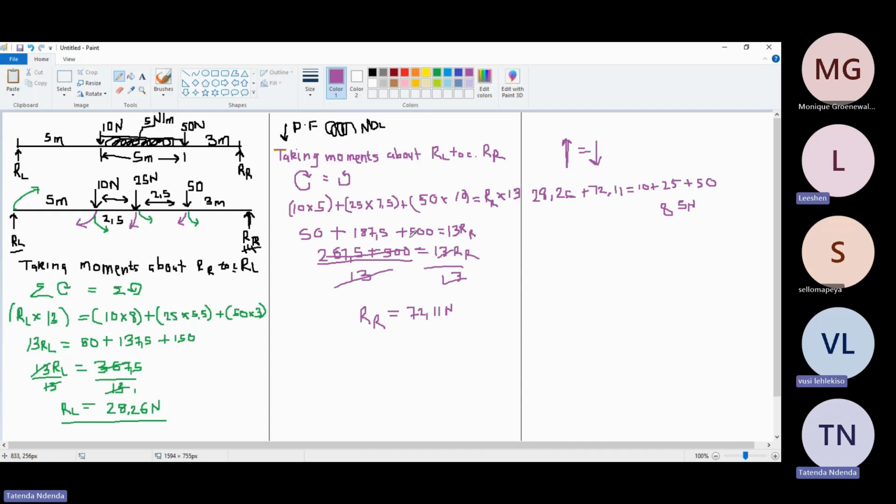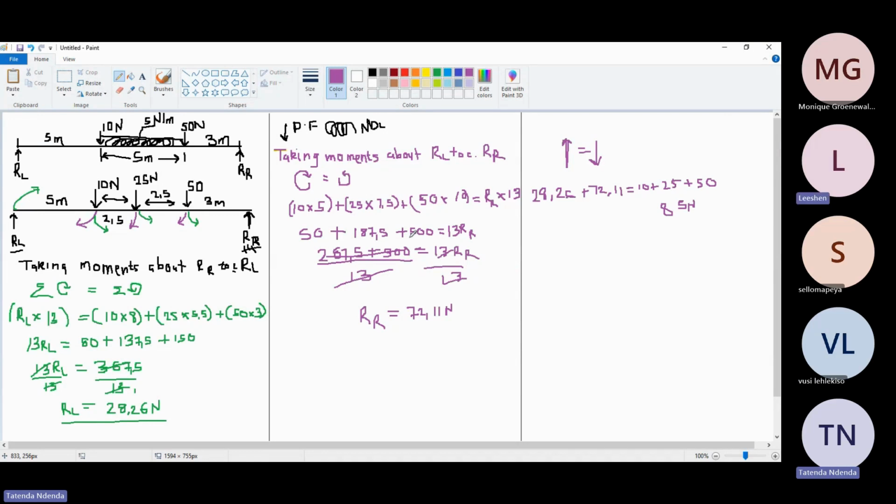Second line, 50 by, is it 10? Yeah, it's 50 times 10. Moments about RR is correct. I see where the problem lies, Tatenda.